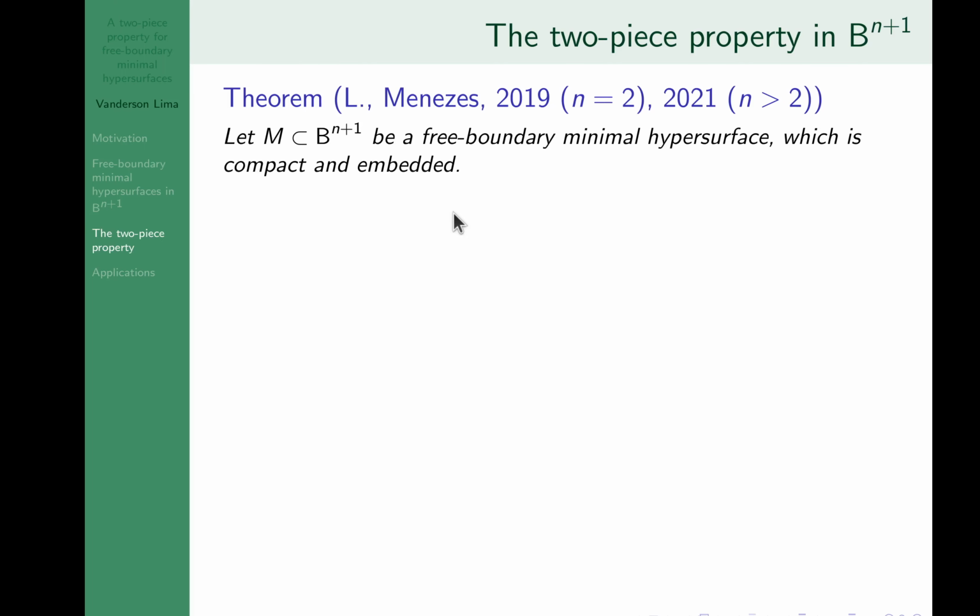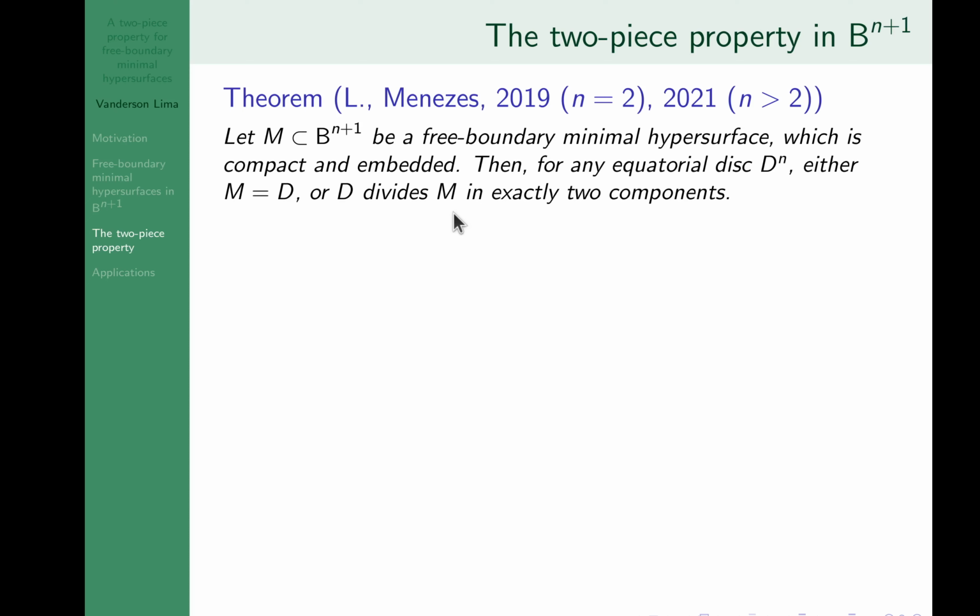The statement is the following. Suppose M is a free boundary minimal hypersurface in the ball, which is compact and embedded. Then for any equatorial disk, either M is this disk or the disk divides M in exactly two components.